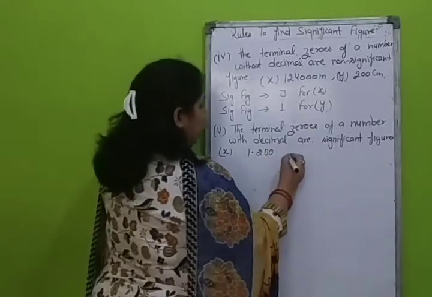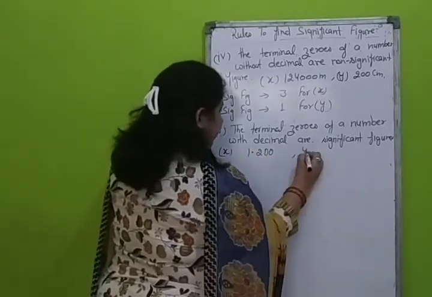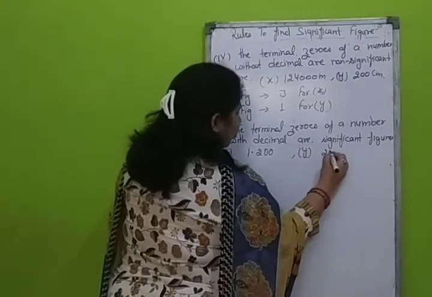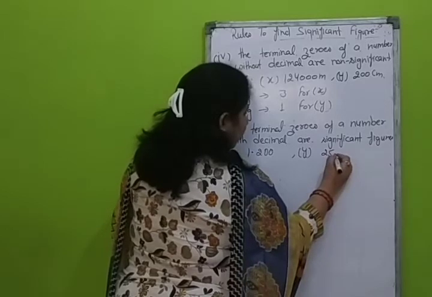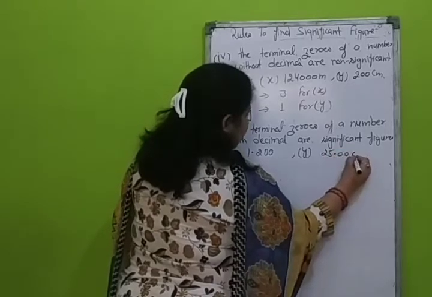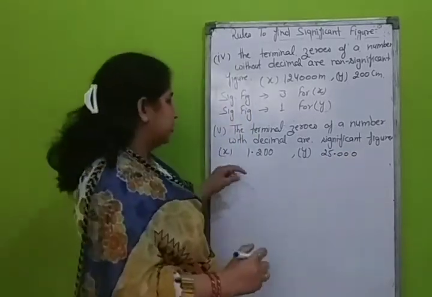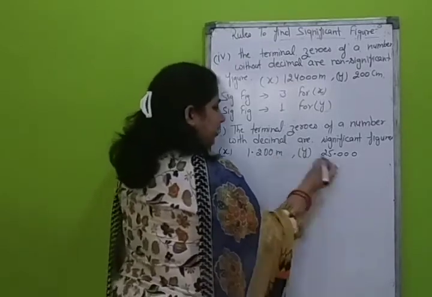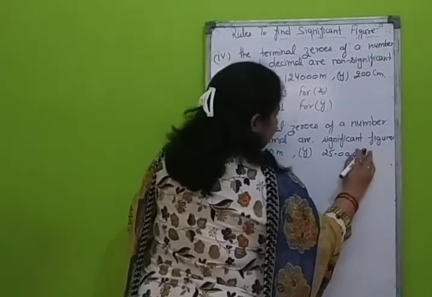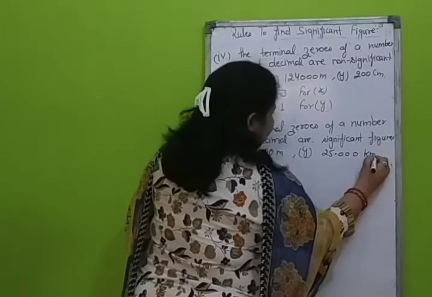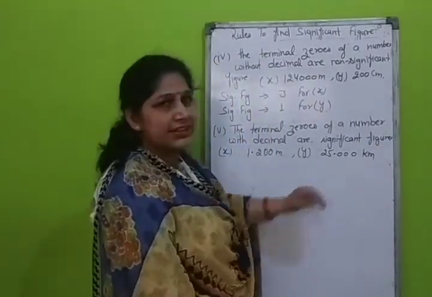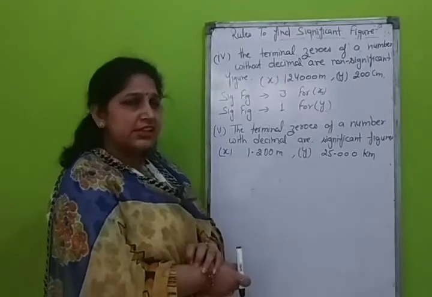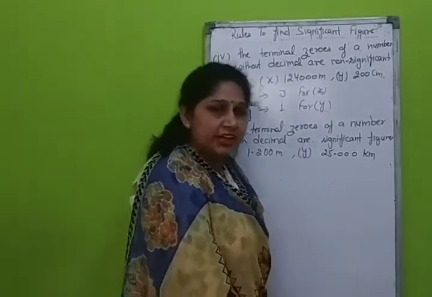x 1.200 and y 25.000. Suppose we have this in meters and this in kilometers, then these zeros are considered significant figures. Why do we consider these zeros as significant figures?